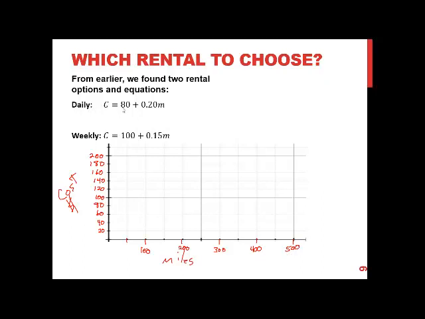Alright, our daily rate looks like the y-intercept, or the cost, if we have 0 miles, is going to be 80. And if we do 500 miles, it would be 500 times 0.2 plus 80 gives us 180. And so we can graph that line. That's our daily rate.